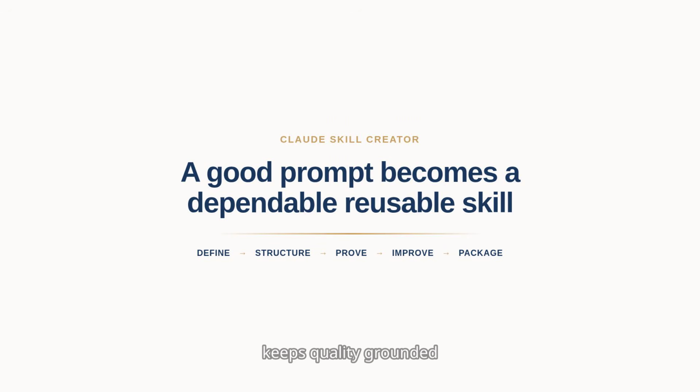Human feedback keeps quality grounded. Validation protects the package. So when you create your next skill, remember this sequence. Define the capability, design the structure, prove the behavior, improve the evidence, and package only what matters. That is how a good prompt becomes a dependable, reusable skill.